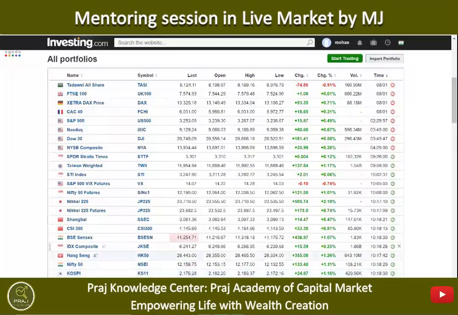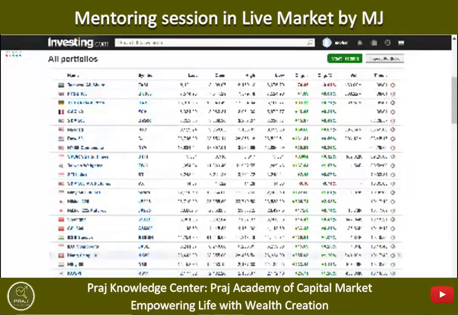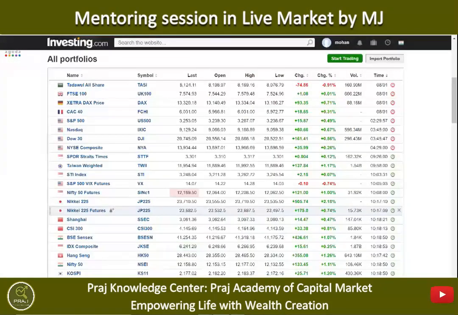The next exchange is Shanghai and CSI, they are 0.747, 0.8%. So look at Nikkei, it is much higher because it opened much earlier. And then after that is South Korea, and then China, right? So that means there is a scope for further up move.